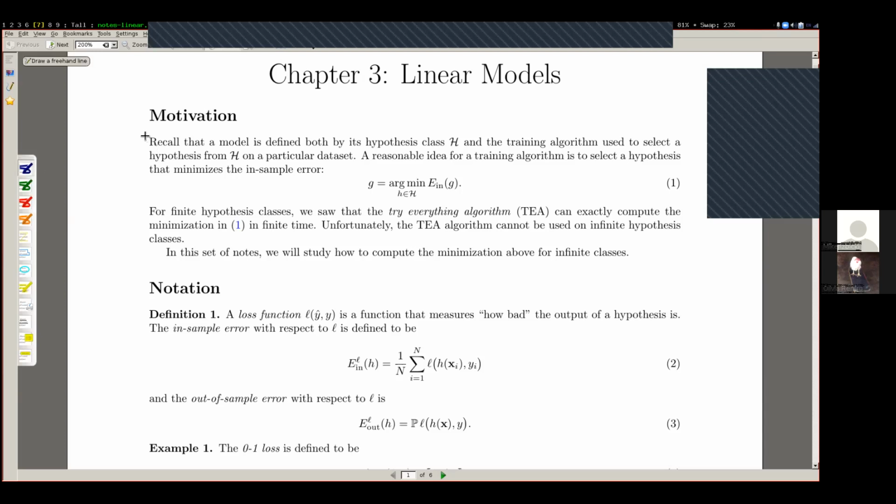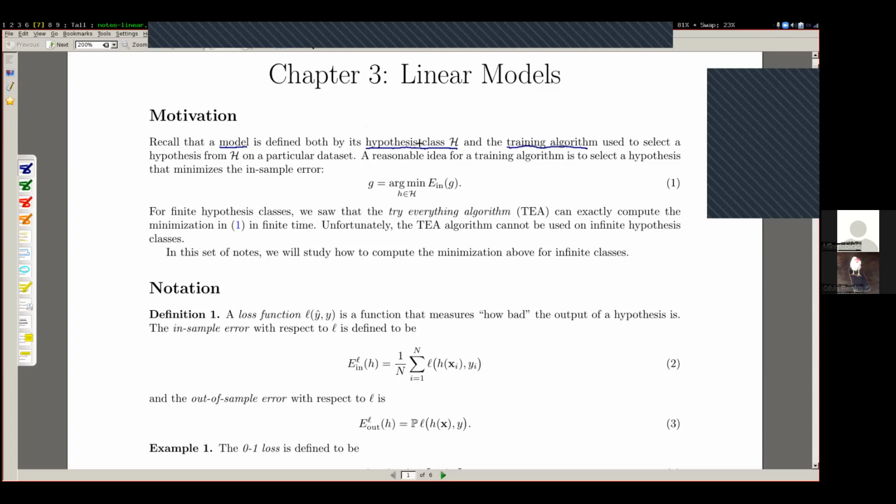Okay, so our motivation. Recall that a model is a hypothesis class plus a training algorithm. People sometimes informally use an individual algorithm, an individual hypothesis class, or a model as synonyms for each other. But in the textbook, a model specifically implies both a hypothesis class and a training algorithm.